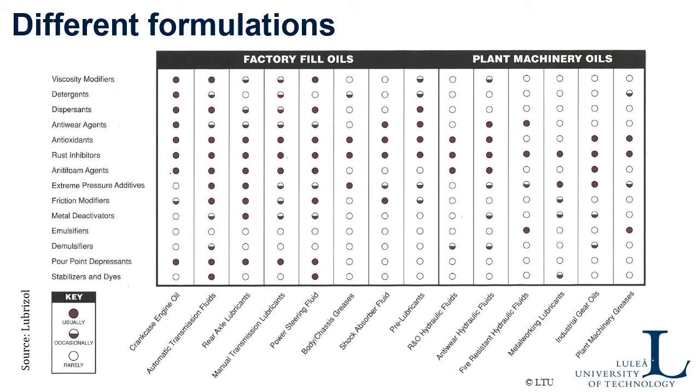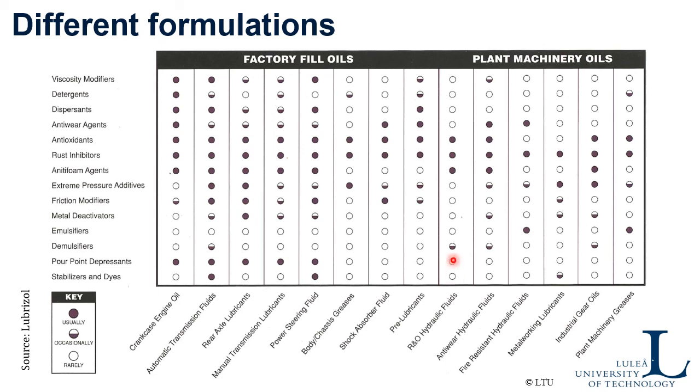So this is a map from Lubrizol showing typical formulations for different types of lubricants. Here you have an engine oil, you may have some hydraulic fluid, and so on. You see that in some cases you don't have that many additives.